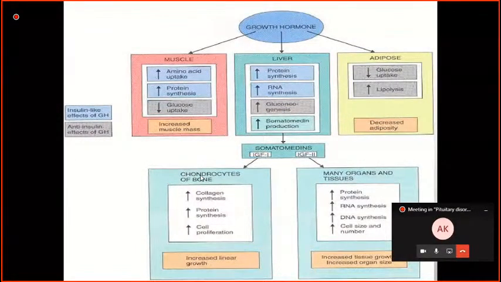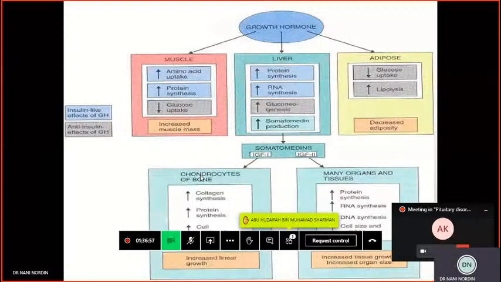I would like you to study this diagram, because it summarizes the effects of your growth hormone as well as your IGF. You can see the growth hormone can have insulin-like effects as well as anti-insulin-like effects.